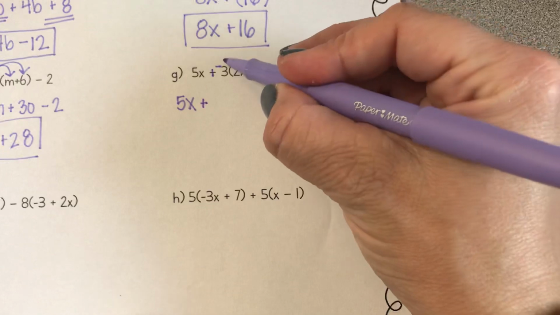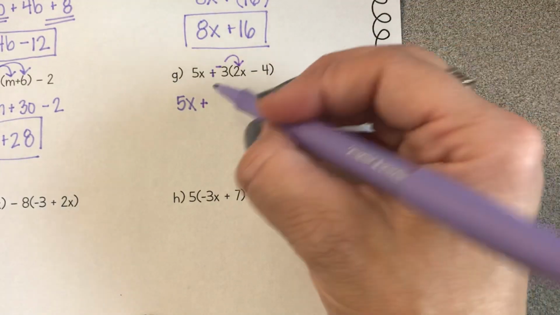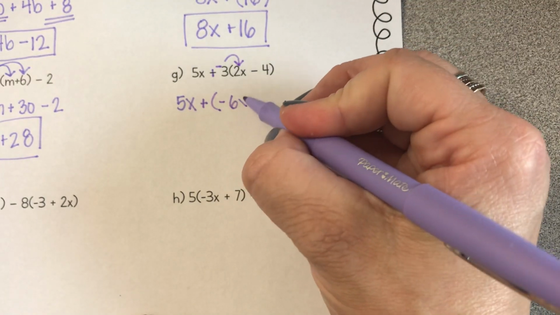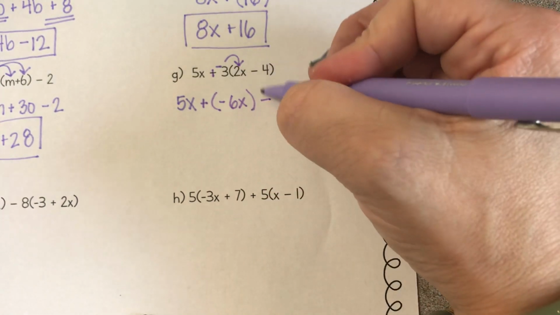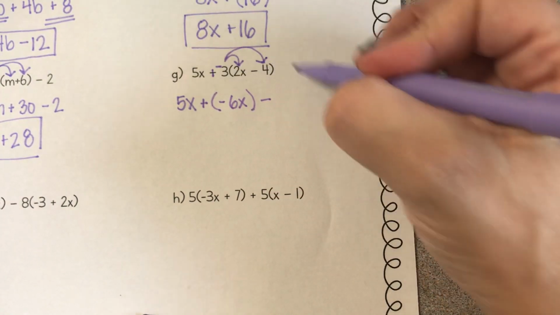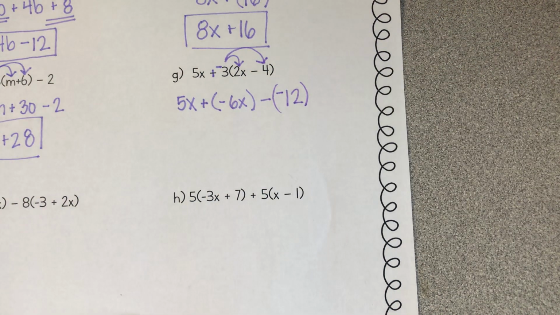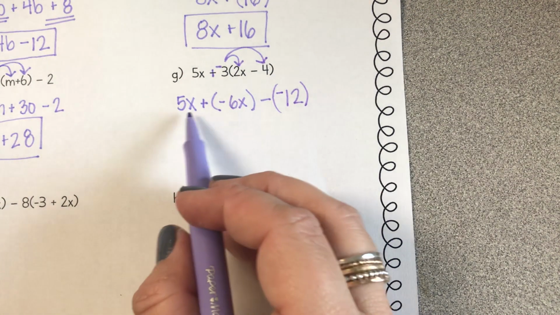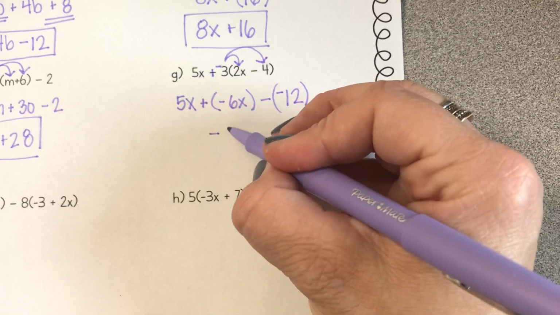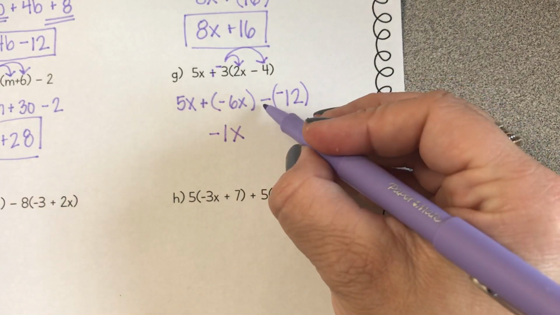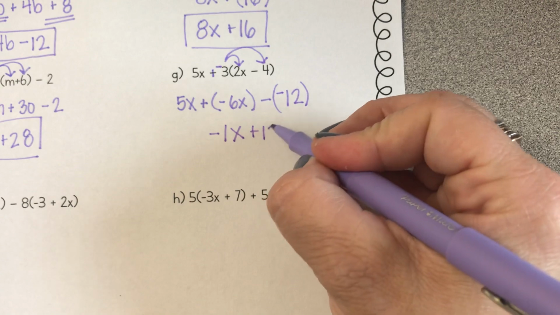So now I have negative 3 times 2x is negative 6x, minus, bring down my minus, negative 3 times 4 is negative 12. I'm going to put that in parentheses. So now I have 5x plus negative 6x is negative 1x, minus negative 12 is just plus 12.